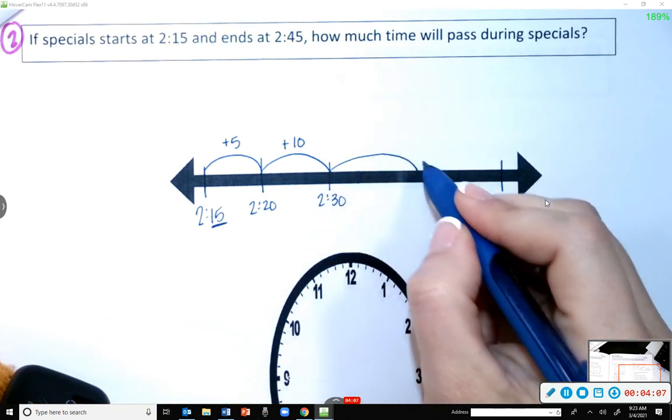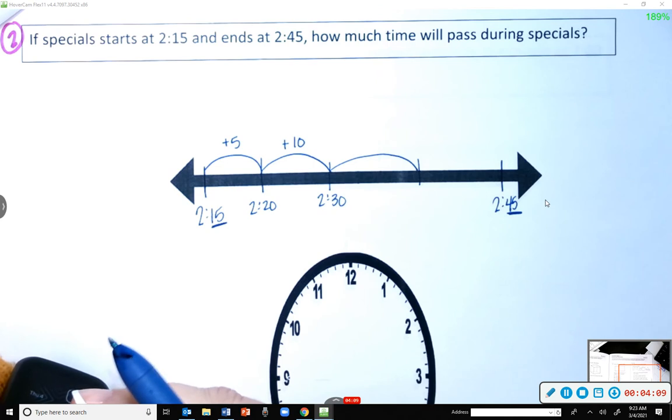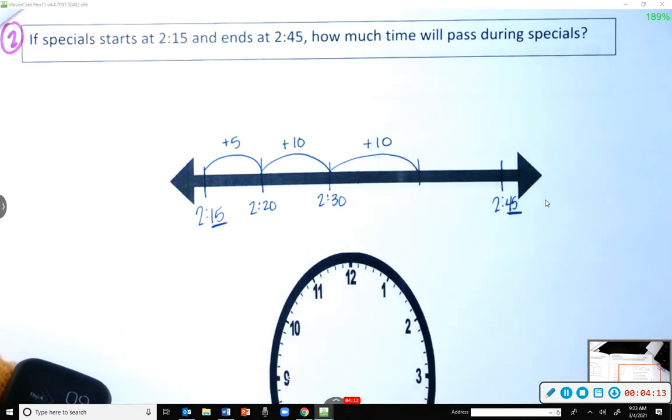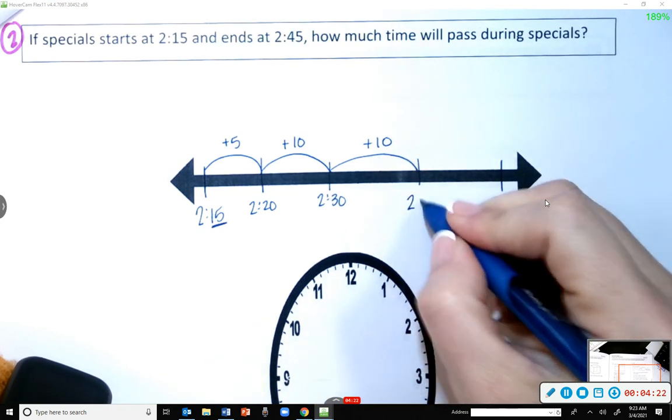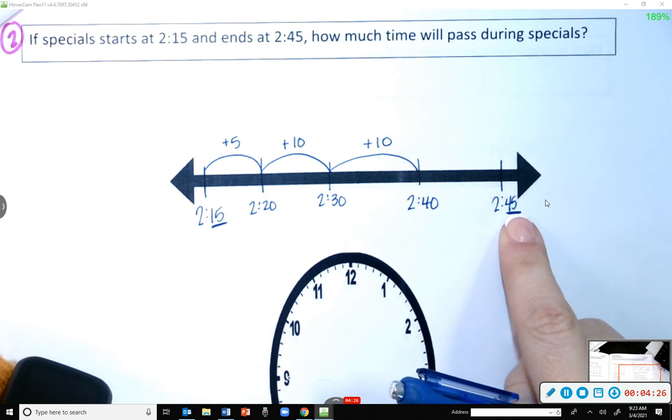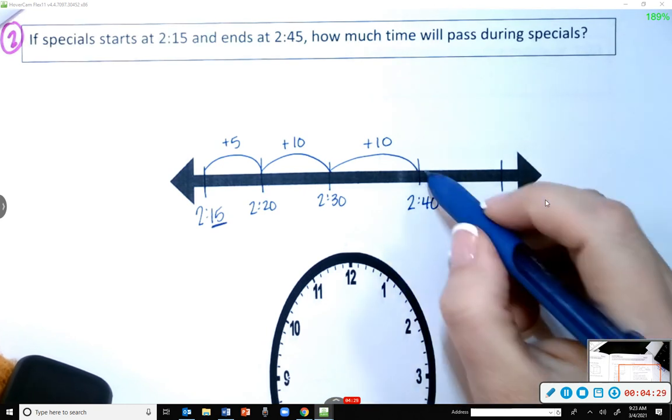So what time would that be, Javea? 2:40. Good. You could just do a 5. We're really close. So now instead of 10, we're going to do a 5.